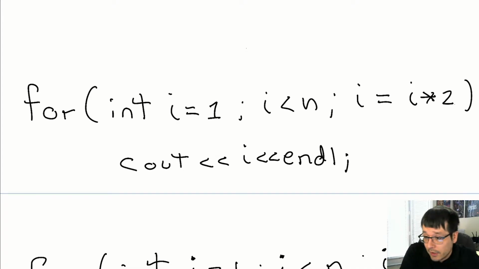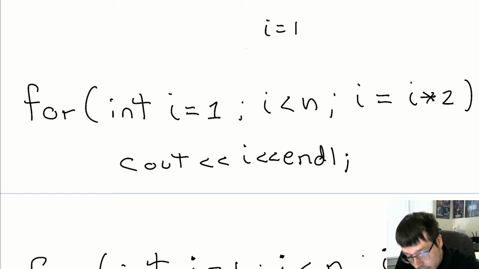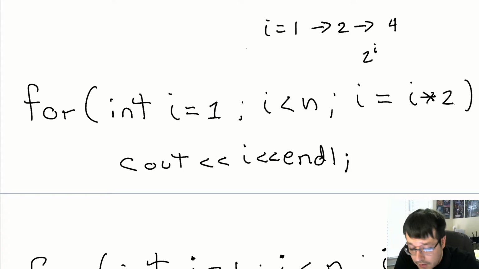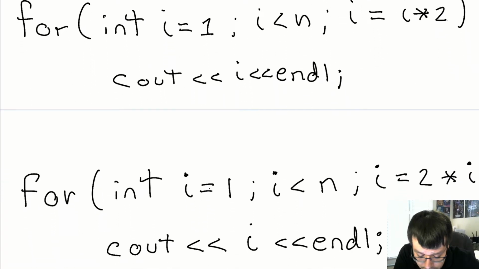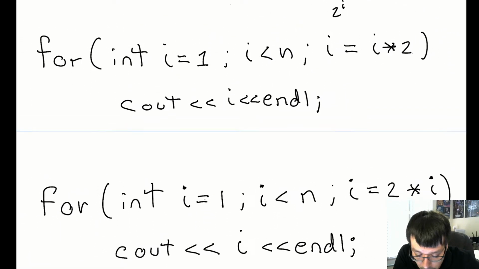So no longer do we have that 0 situation, because now it's going to be 2. When I is equal to 1, the next time from there it's going to go to 2, and then from there it's going to go to 4. So we still have that 2 to the I concept. However, oh, I forgot to add something.